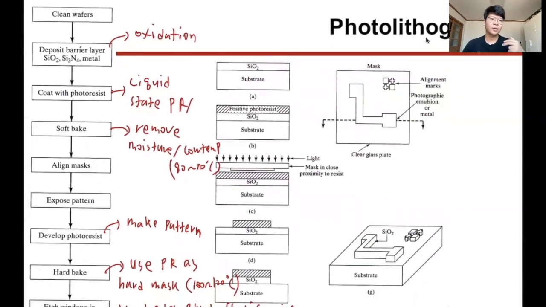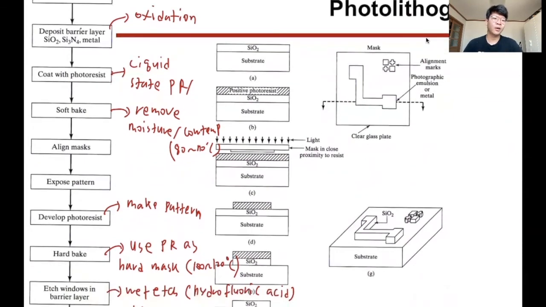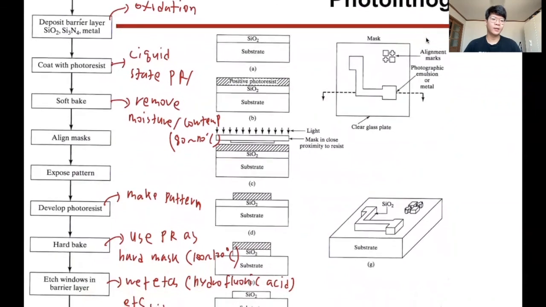It is liquid, so we soft bake at low temperature to remove the moisture in the photoresist. After that, we align the mask and expose the pattern to the wafers, and we develop the photoresist positively or negatively.